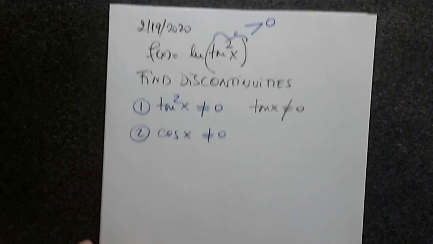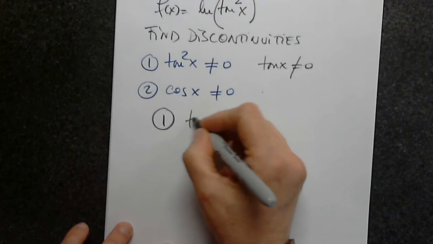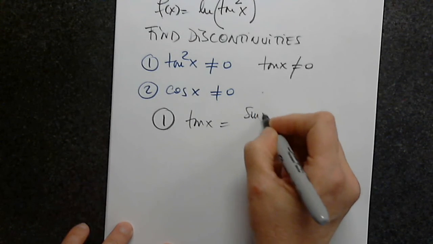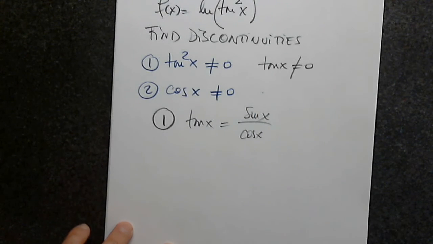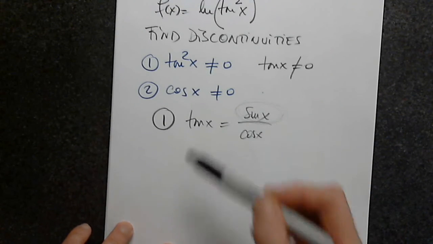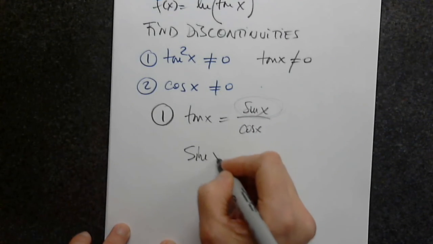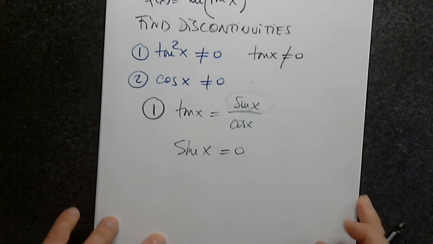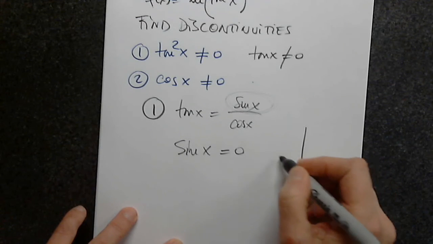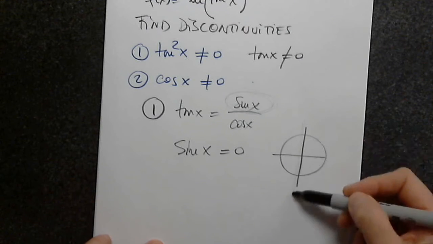Where is tangent zero? I'm talking about the first condition first. Tangent x is sine x over cosine x. When is a fraction zero? Only when the numerator is zero, correct? So when is sine zero? Millions of places. Remember, sine is measured on the y-axis.